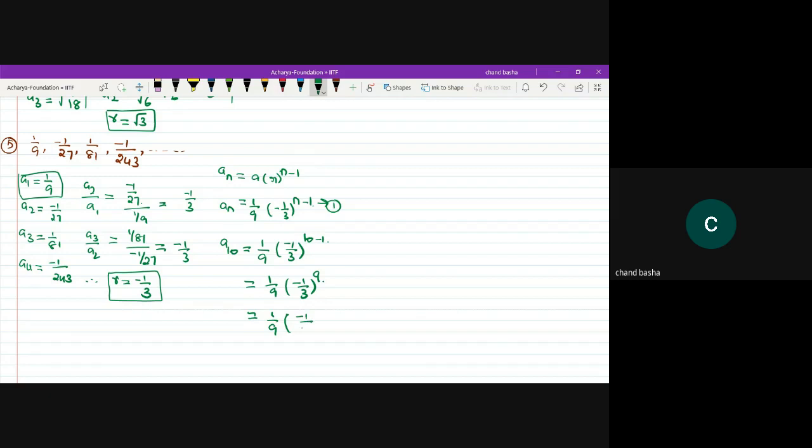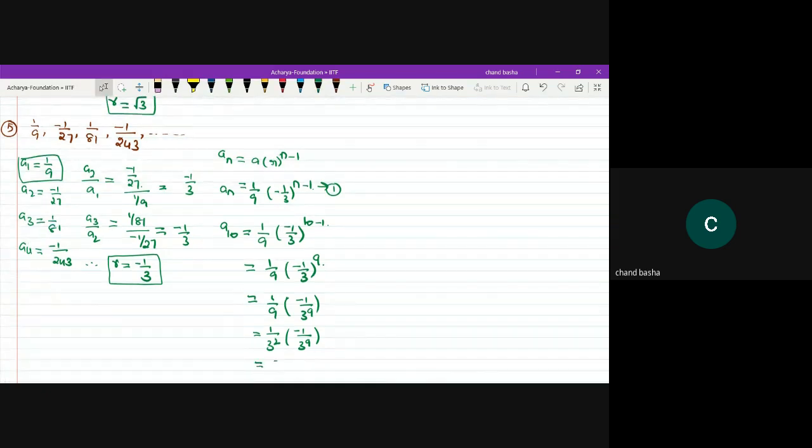Minus 1 divided by 3 power 9. Can we write minus 1 by 3 power 9? Yes. I'm writing here 1 by 3 square, minus 1 divided by 3 power 9, plus 2 means it is 11. This is the 10th term value.